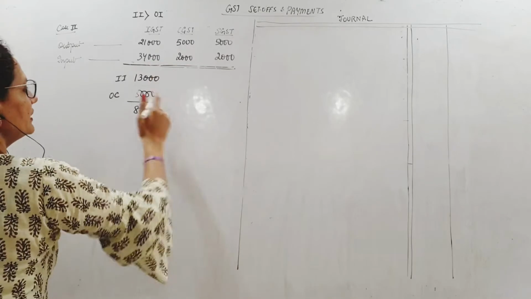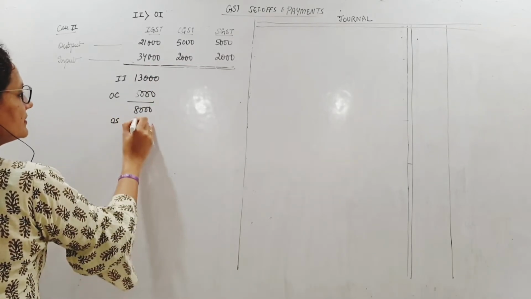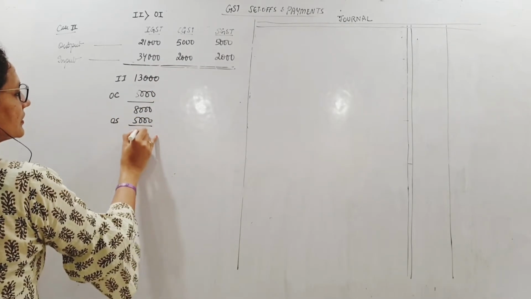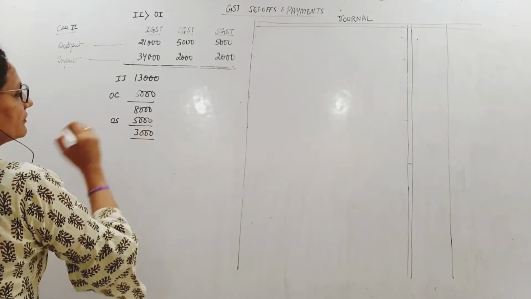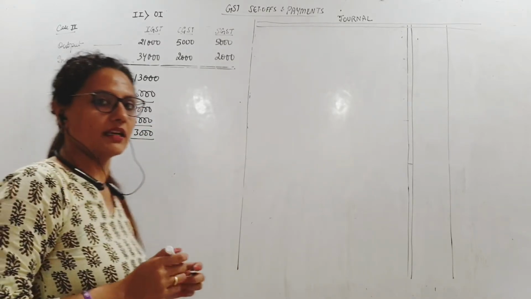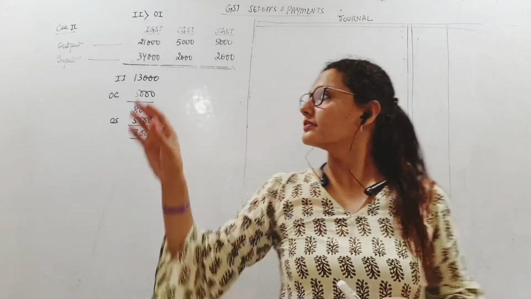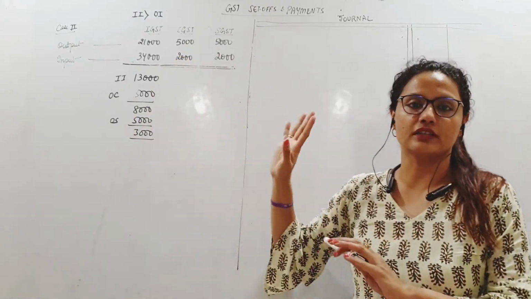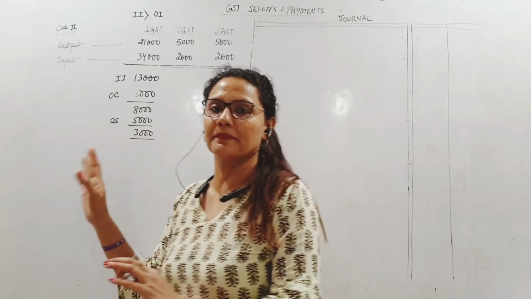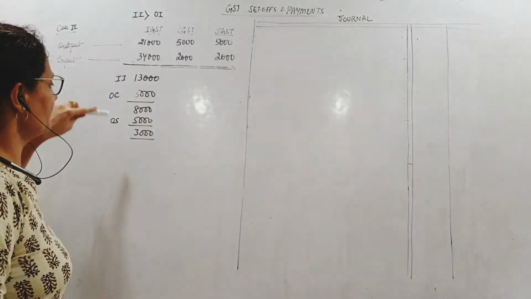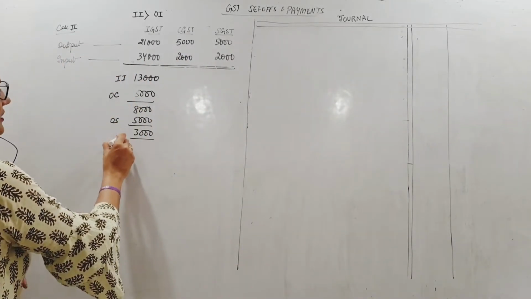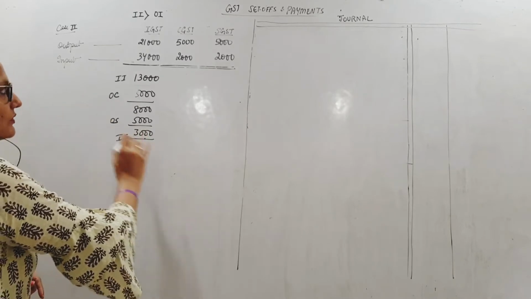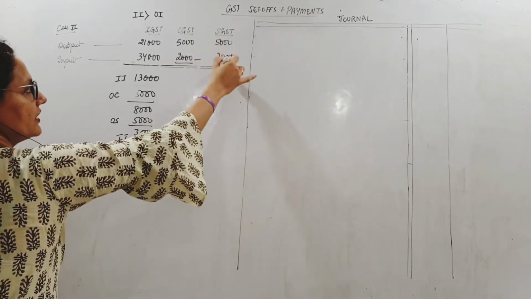Then I will utilize output SGST, 5,000. Again 3,000 will be left. तो मतलब input IGST की write off करते करते सब output खत्म हो, right? Still I am left with input IGST of 3,000. And this is also left and this is also left.